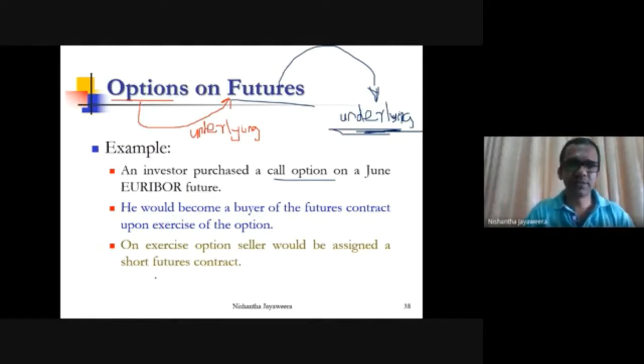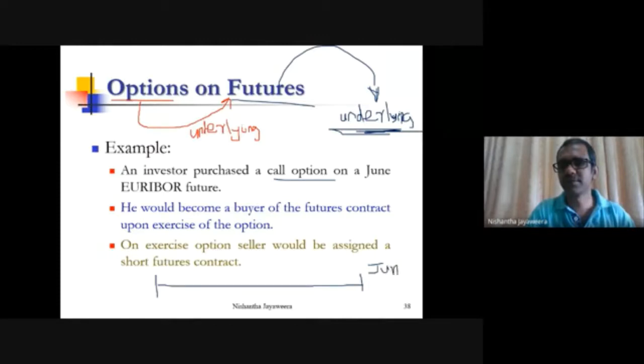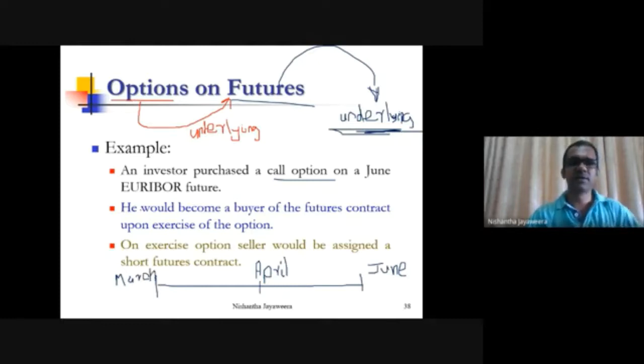To make this a little bit clearer, since the futures contract is June expiry, assume this is April, and this may be somewhere in March. The buyer of the option enters into this option transaction in March with the expiry of 1 month.